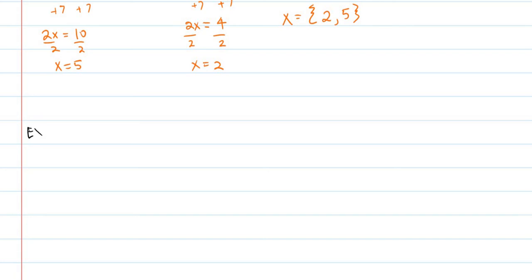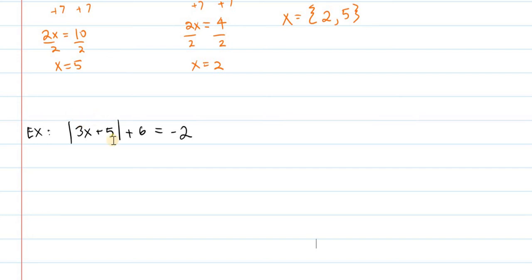So for example, if I have the absolute value of 3x plus 5 plus 6 equals negative 2, I might think to myself, hey, this is a negative number, this is going to be no solution.